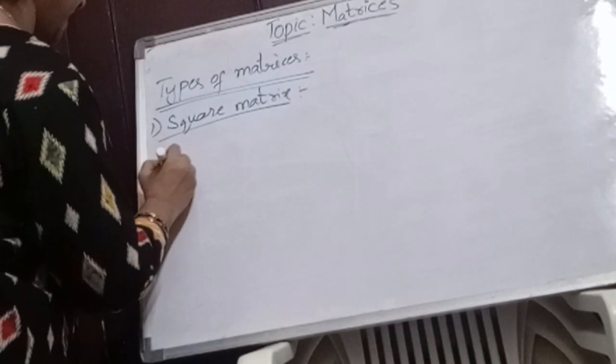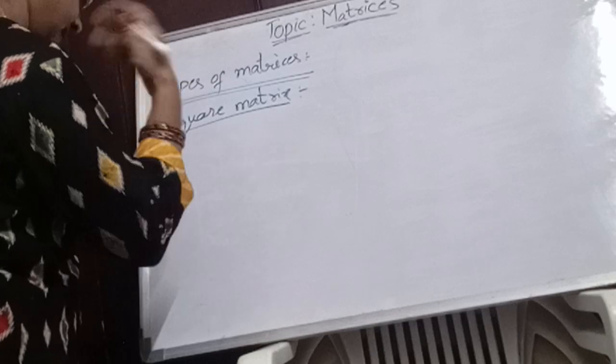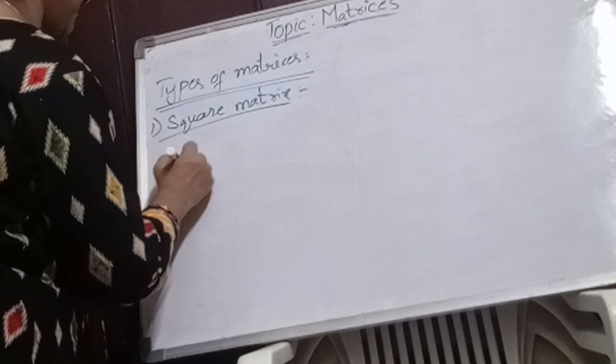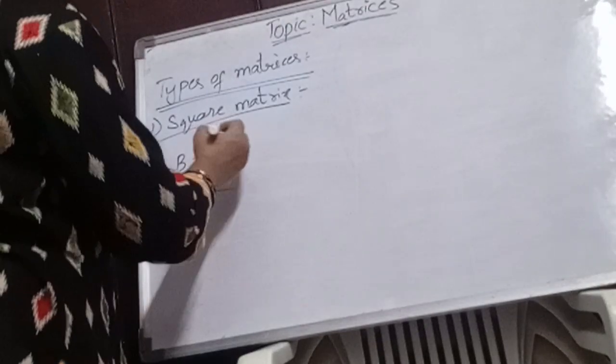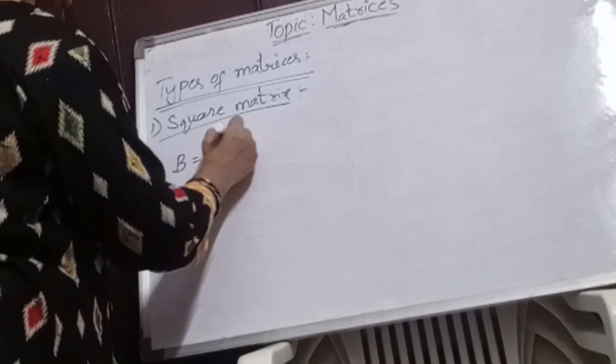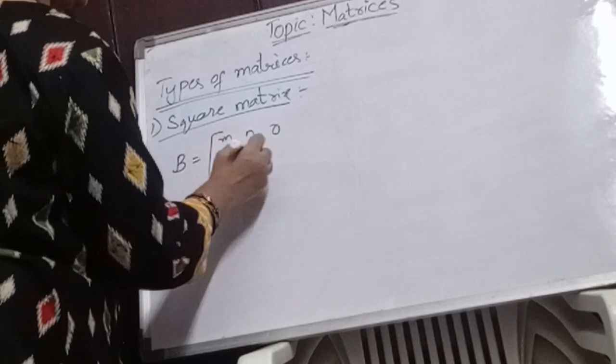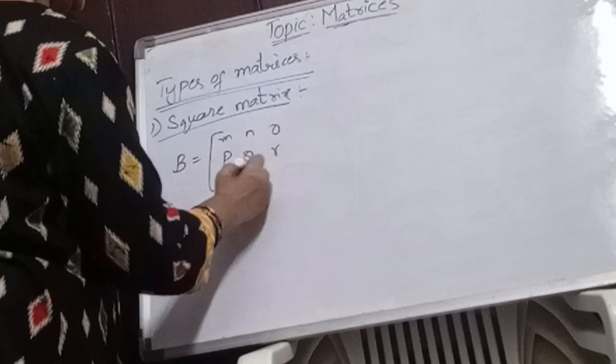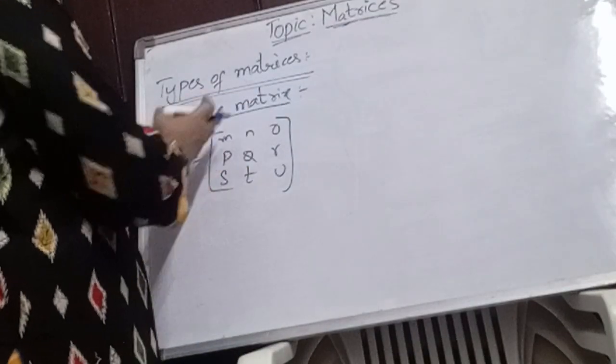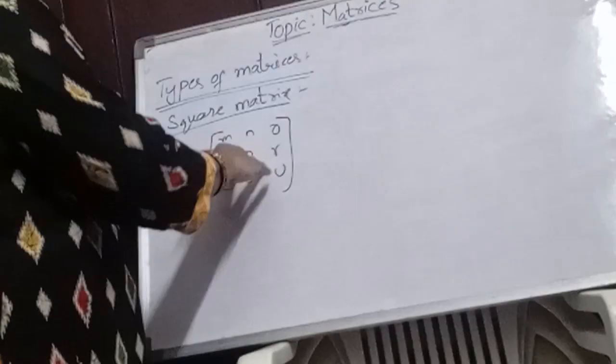So, let me take a square matrix. Let me take a matrix given the name B, with elements, for example, M N O P Q R S T U. As an example, you can take any letters or numbers or a combination of letters and numbers as elements.